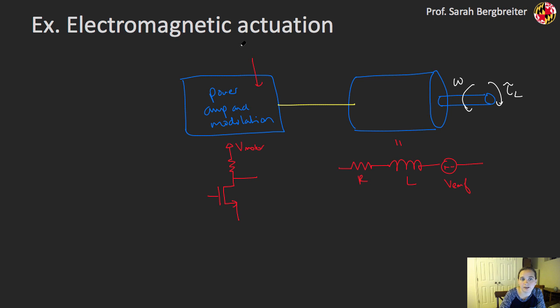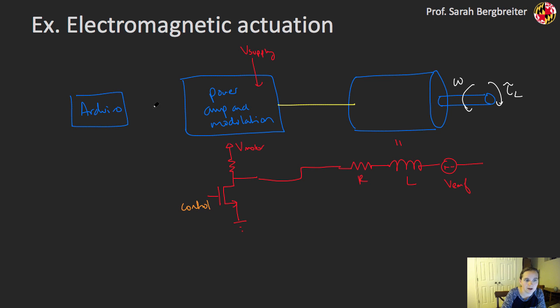So now I have a separate supply coming in here that I'm calling V motor. And this output would ultimately be linked here to drive my motor here. And then this side of this circuit would be kind of the control signals that I might have coming from something like the Arduino outputs.